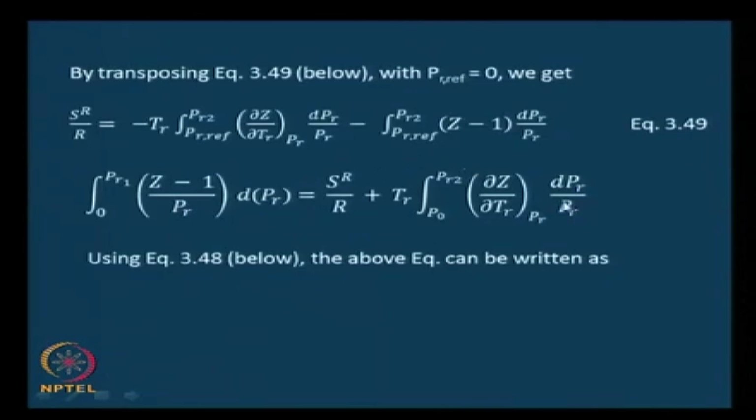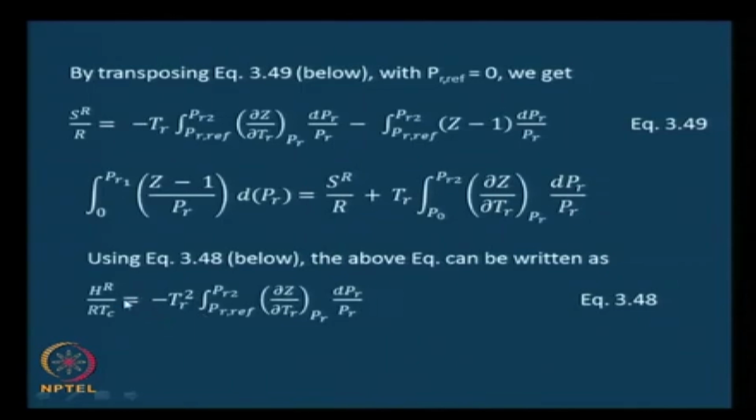To get at this, let us look at 3.48, which has again been given here for convenience. If you recall 3.48, you can go back and take a look at that. That will be HR by RTC equals minus TR squared, integral PR reference to PR2 of dou Z dou TR at constant PR into 1 by PR dPR.